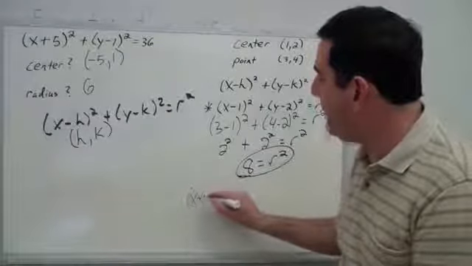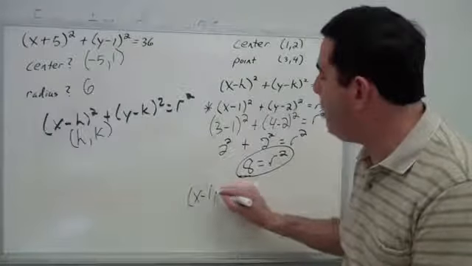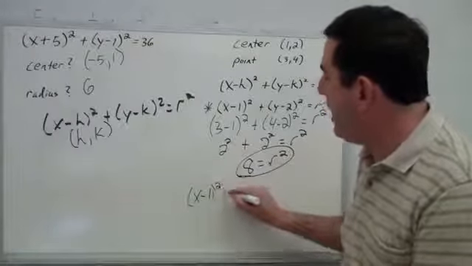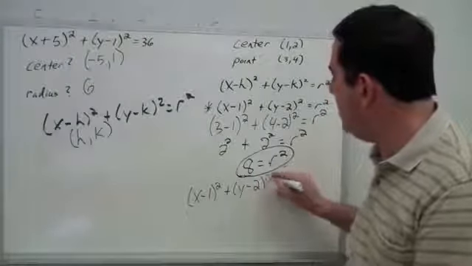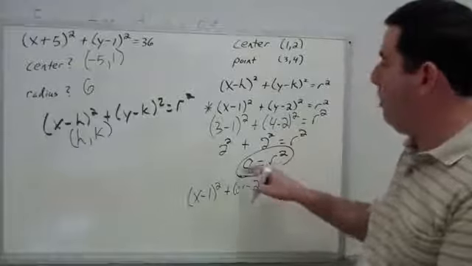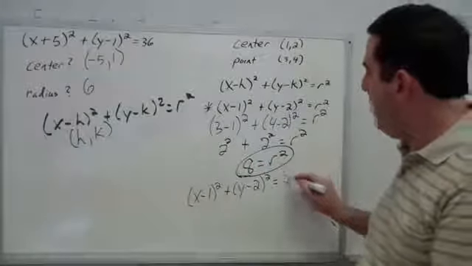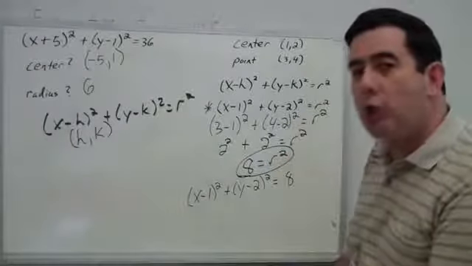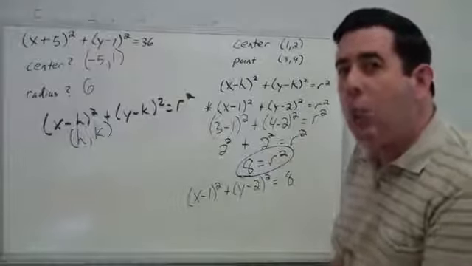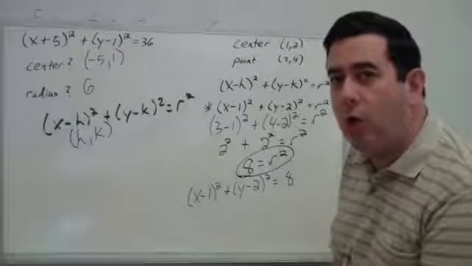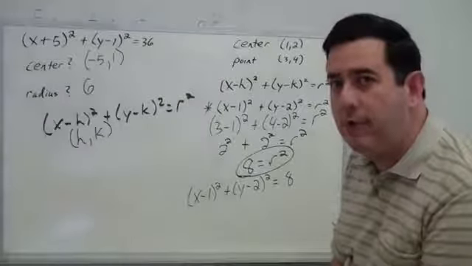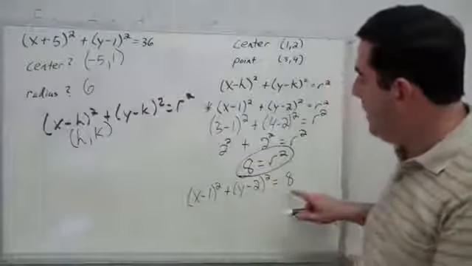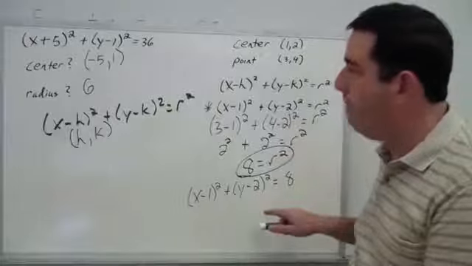It is (x minus the x value of the center) squared plus (y minus the y value of the center) squared is equal to our radius squared. Notice that I left it here as r squared. I knew I was going to want to use it as r squared, so there was no reason for me to take the square root of that 8. Here is the equation that we wanted.